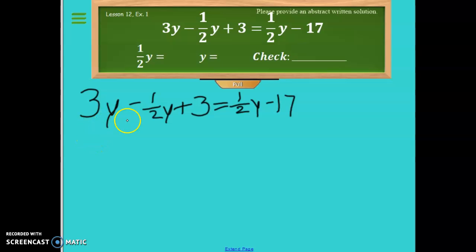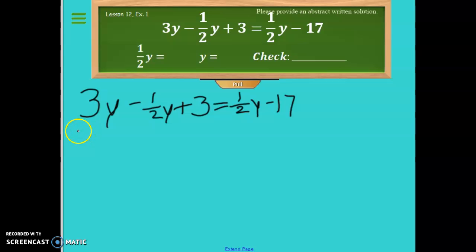So I have 3y and I have minus 1/2 of y. And so what I'm going to do here is turn my 3y into all halves so that I can subtract my 1/2 of y from it.